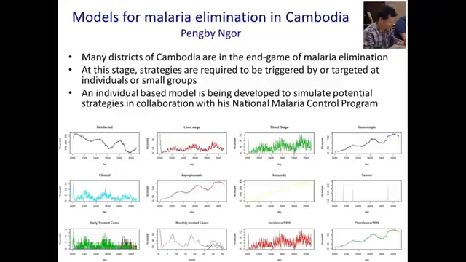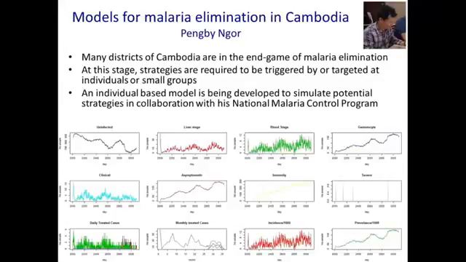So there's a very early stage individual-based model being developed by my Cambodian trainee, Pengbin Ngor. And so Cambodia is the end game in a lot of villages, and he's particularly interested in what do you do when you see one case, when elimination has already occurred?